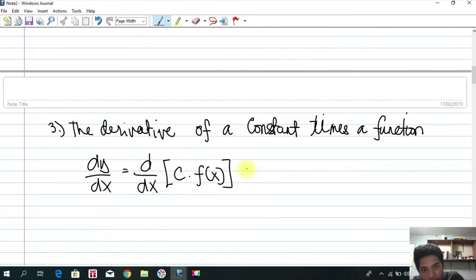Since this is constant c, we can actually isolate that and get the derivative of that f of x.